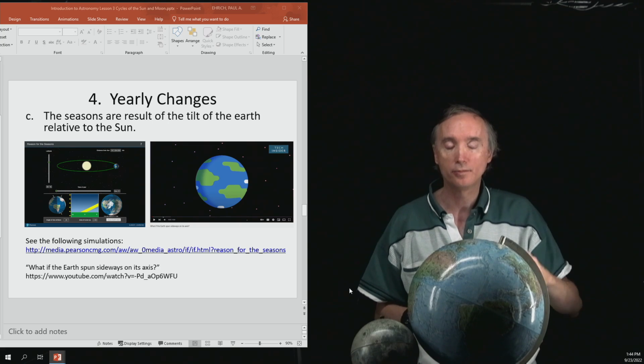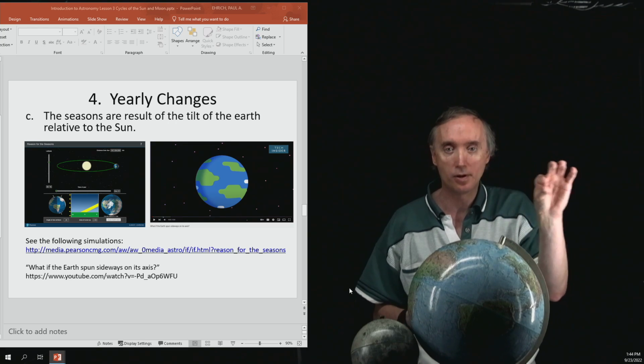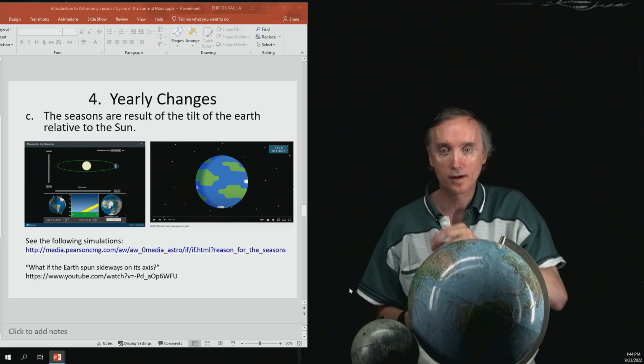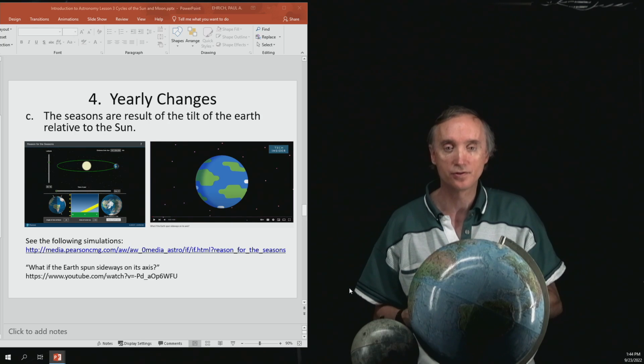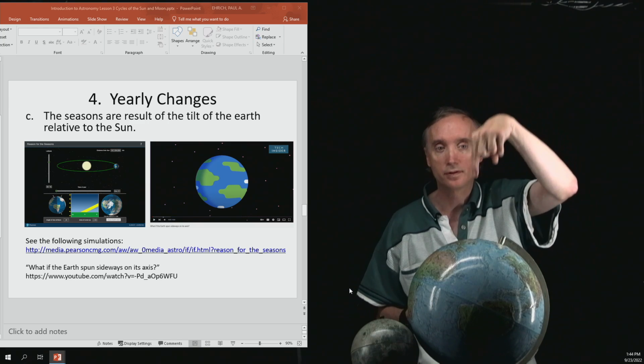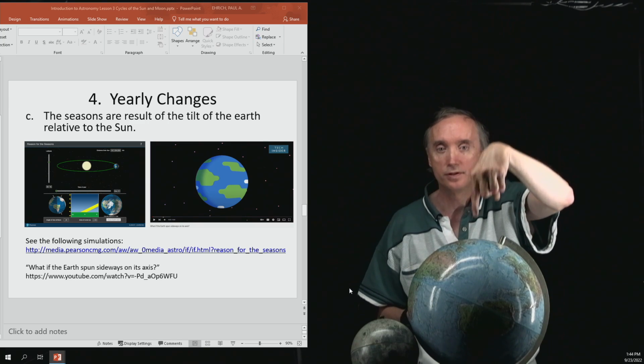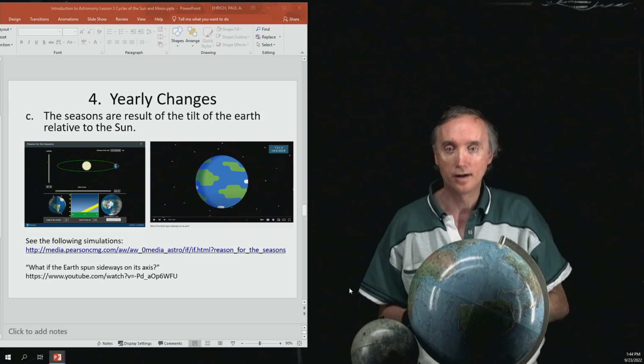If you put it in the position of summertime, so move the sideways bar until the Earth rotates around until, let's say, it's July, then you should notice that the yellow bar is coming in more perpendicular to the ground.